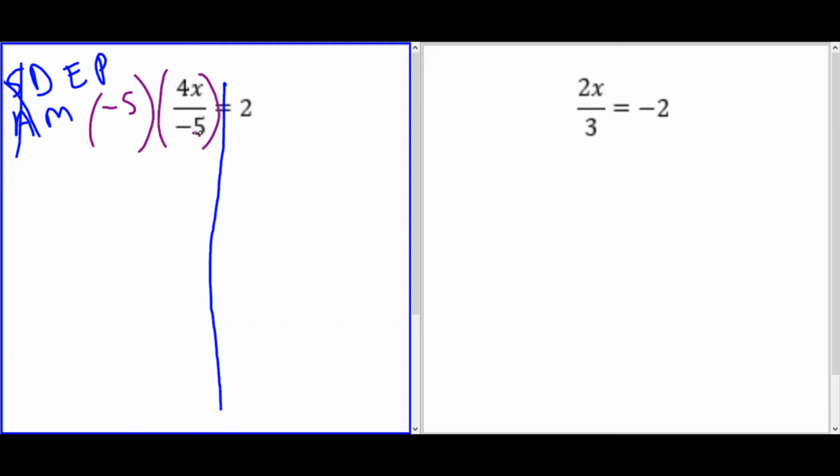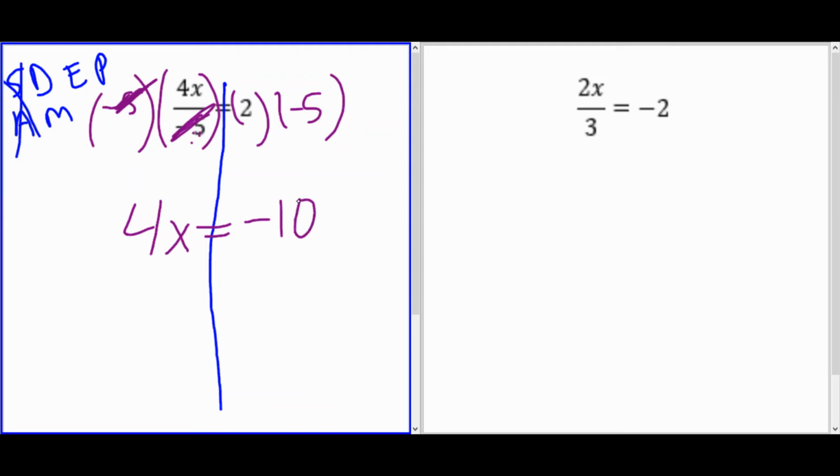So you need to multiply by exactly what you see in the denominator. So since I see -5, I'll multiply both sides by -5. And now what that does is cancel this 5 with that 5. So this gets you 4x equals 2 times -5, which is -10.